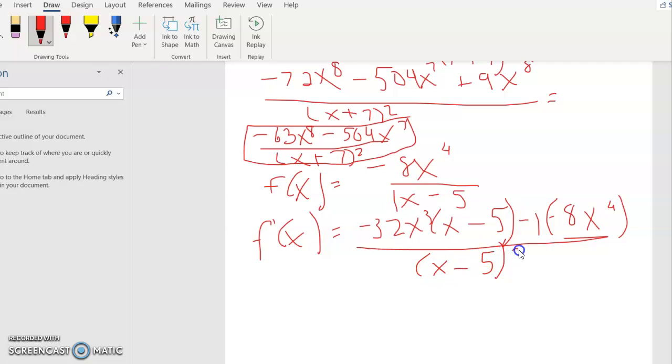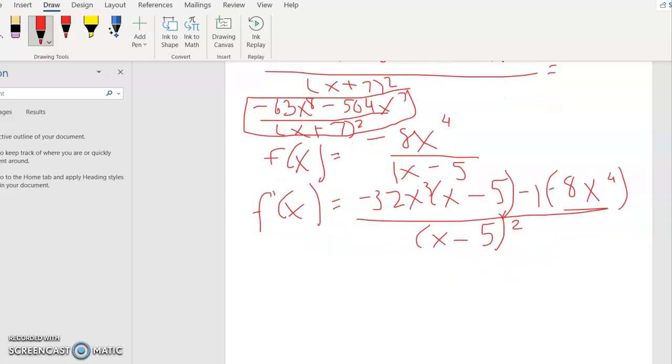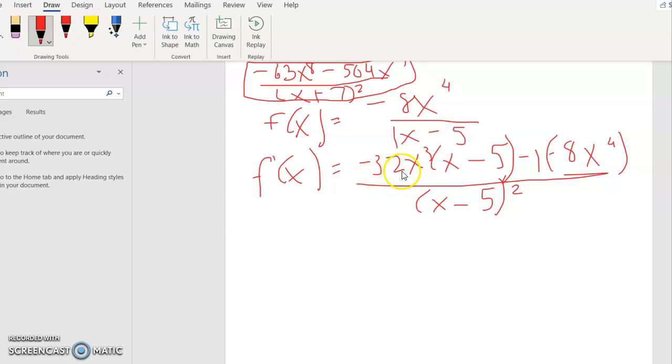Now we can leave the bottom as it is, but we do need to distribute the top and add like terms. So negative 32x to the 3rd times x will be negative 32x to the 4th. And then negative 32x to the 3rd times negative 5.